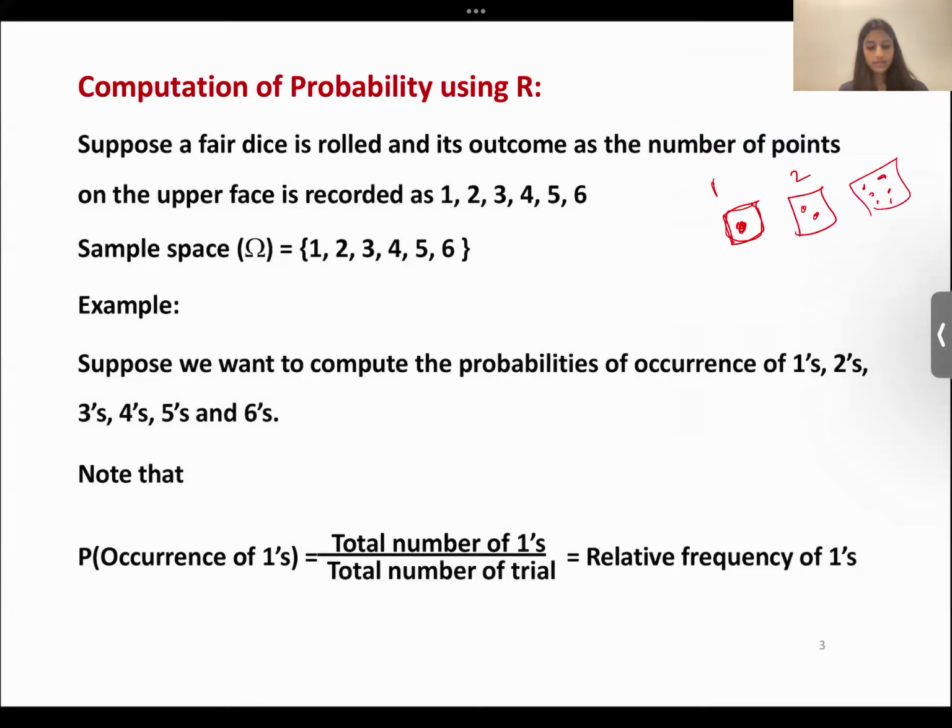So the sample space would be the numbers 1 to 6, and you want to compute the probability of occurrence of each of these numbers. You know that for each of these values the probability is 1/6, which is 1 divided by the total number of outcomes. In other words, it's the relative frequency of one, like how many times you get the number 1 compared to the total number of expected outcomes.